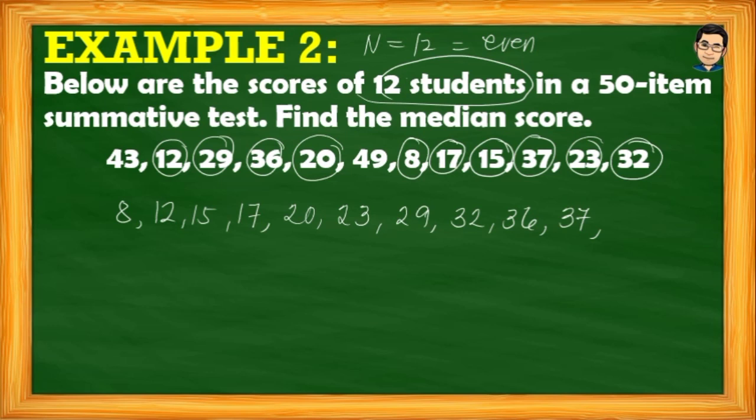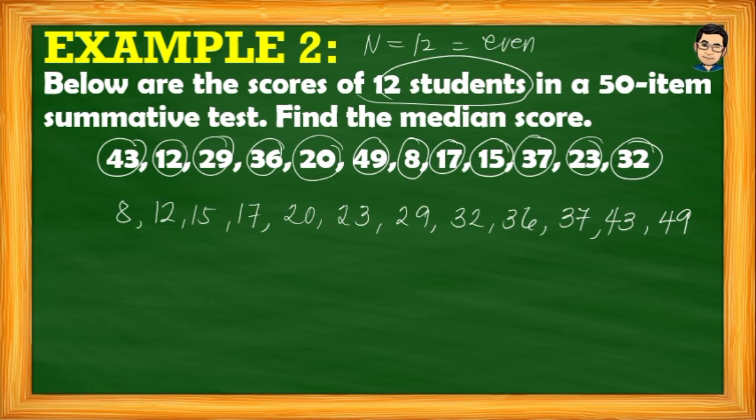And then line of 4, 43, 49. Okay. So, 12 students tayo dyan. So, kukunin natin yung pinakagitnang scores. So, yung dalawang number na nasa gitna.